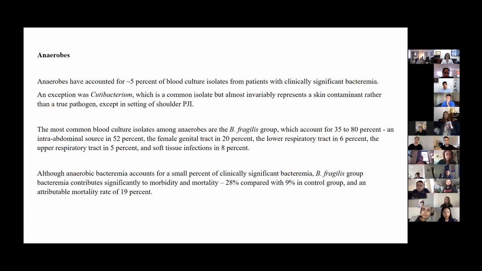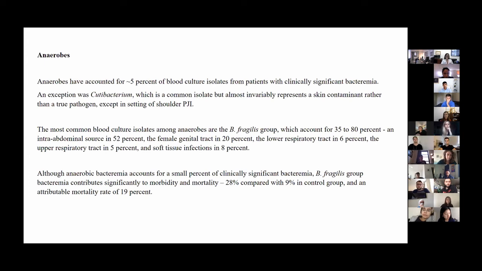So it needs to be treated, and Flagyl remains the drug of choice. We can use Unasyn and Zosyn, which have good anaerobic activity. The carbapenems have excellent anaerobic activity, but by far and away, Flagyl is our preferred drug.